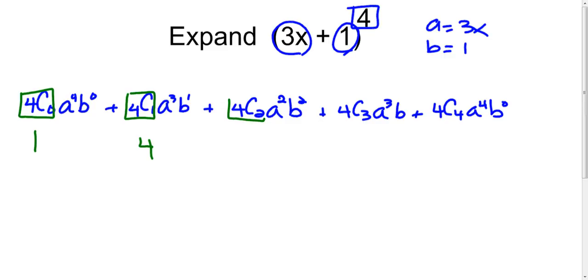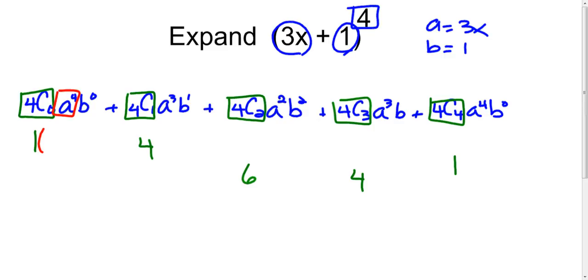The coefficient to 4C2, and you can look at Pascal's triangle or the little triangle things back in your notes and figure that out, is a 6. 4C3 is a 4. And 4C4 is a 1. Okay, so those are the coefficients. Now I need to take A to the 4th power.